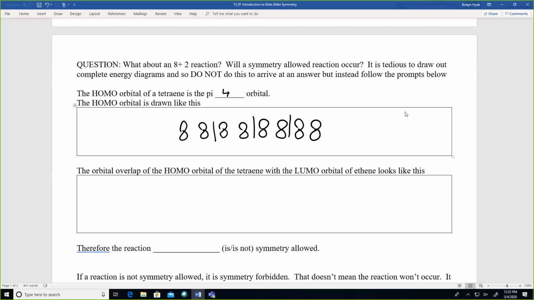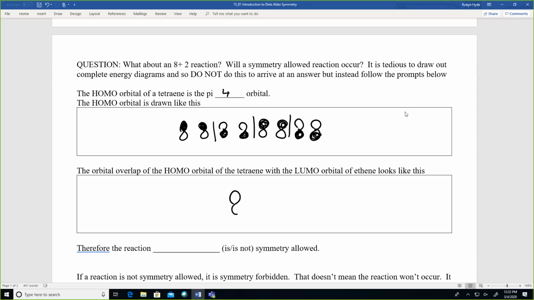I always start with plus on the top of my very first. So I would go plus, plus on the top, and then what's going to come next? Yeah, minus, minus. And then what comes next? And then what comes next? Okay. And so then I want to know, is it going to overlap with the LUMO of ethylene?